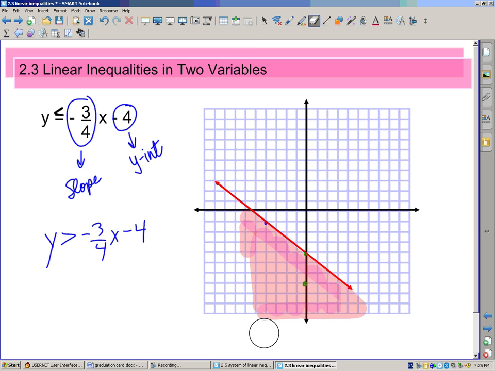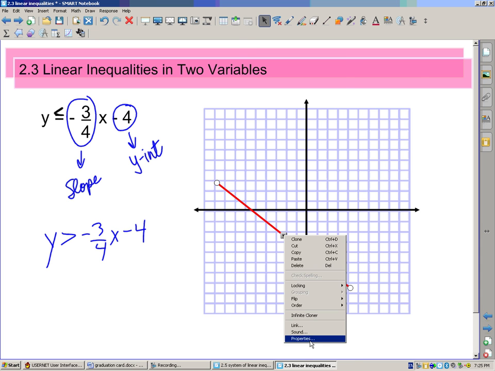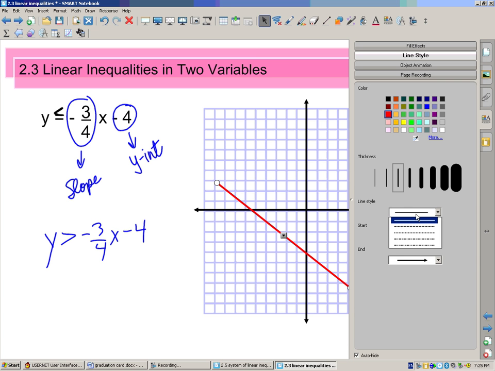And it looks like the line didn't really change any, but it did. It's not or equal to. And so in order to show that, when we do dots, we'd have a hollow dot. In this case, we're going to have a dashed line. And I'm just going to change the line property.